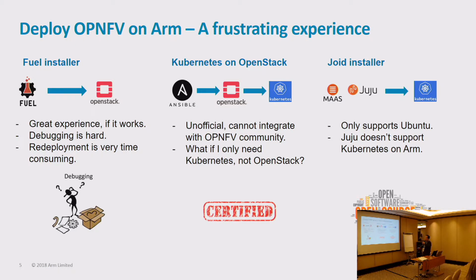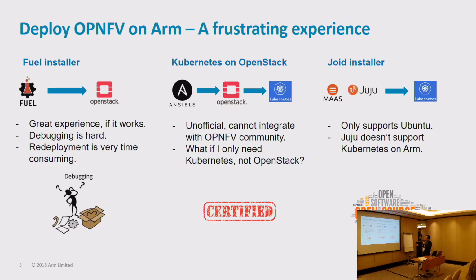If I remember correctly, it takes 6 hours to redeploy on 4 servers. Also, Fuel is now discontinued by Mirantis. So this was our first step. It works, but not very smoothly. Sometimes it's a painful experience.